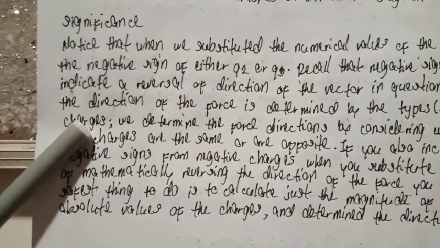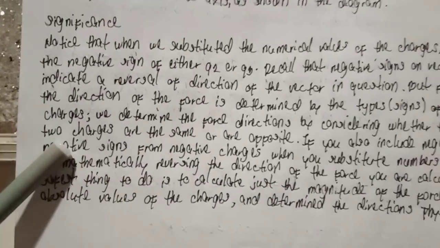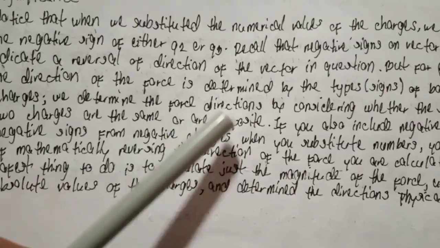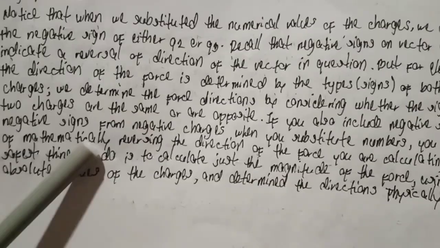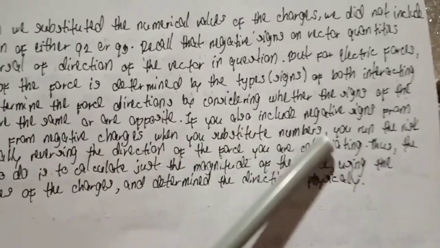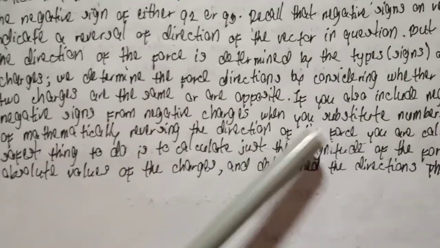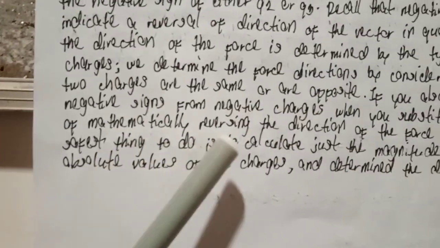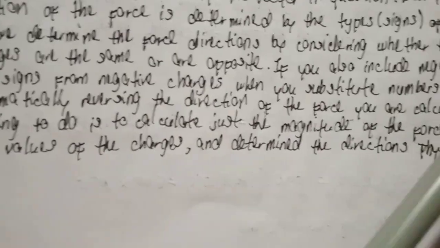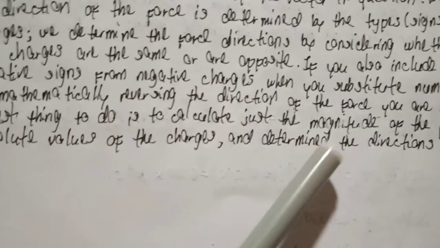We determine the force directions by considering whether the signs of the two charges are the same or opposite. If you also include negative signs from negative charges when you substitute numbers, you run the risk of mathematically reversing the direction of the force you are calculating. Thus, the safest thing to do is to calculate just the magnitude of the force using the absolute values of the charges and determine the directions physically.